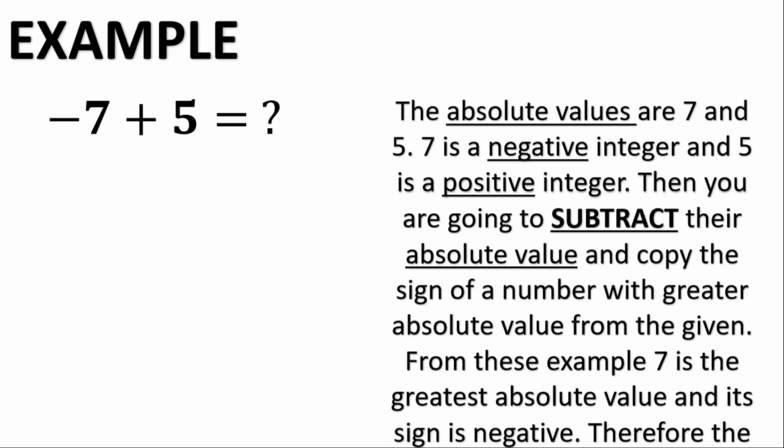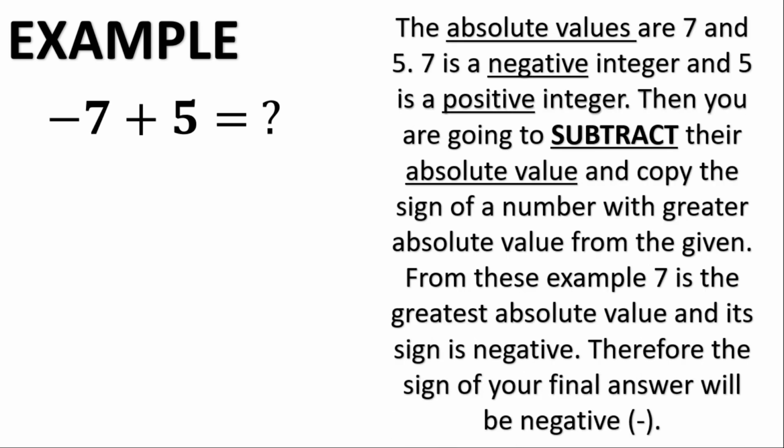From this given, the absolute values are 7 and 5, where 7 here is a negative integer and 5 is a positive integer. So dahil unlike sign sila, we are going to subtract their absolute values, which are 7 and 5. And then we are going to copy the sign of the number with greater absolute value.